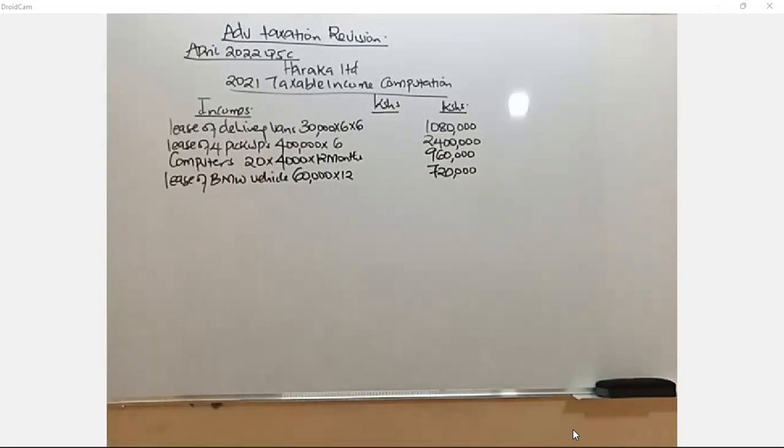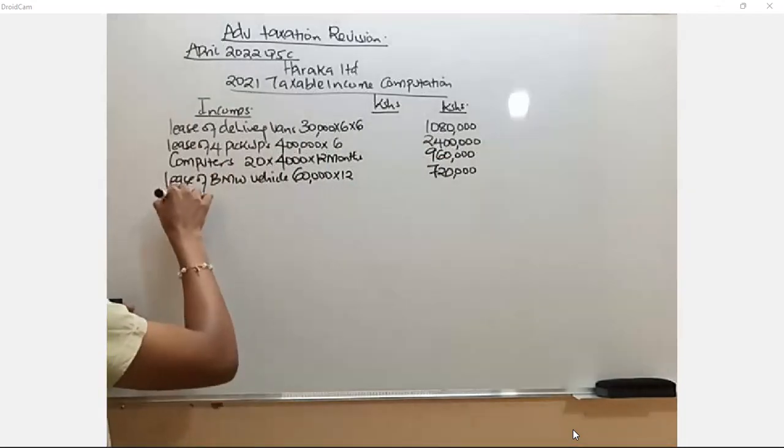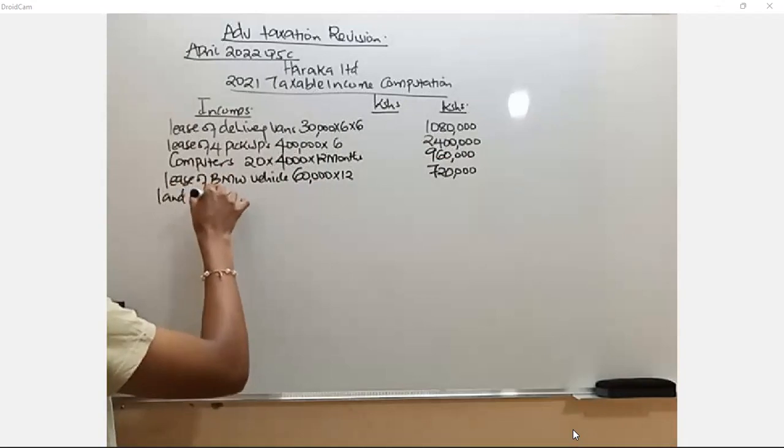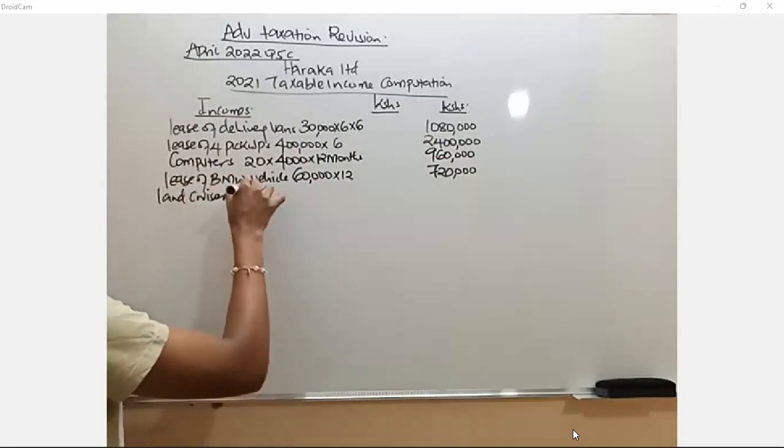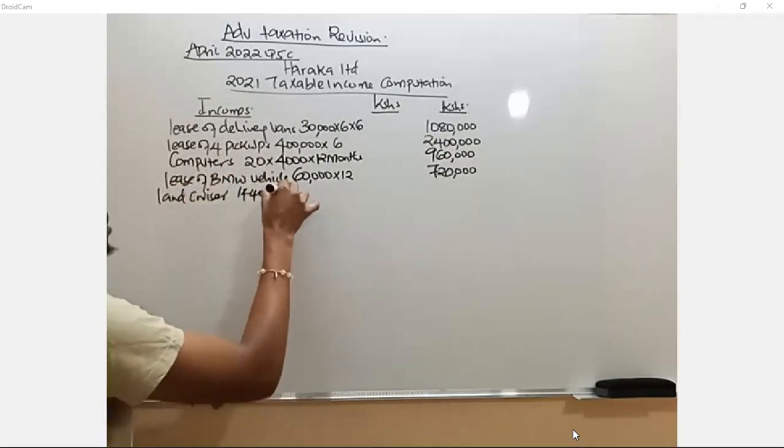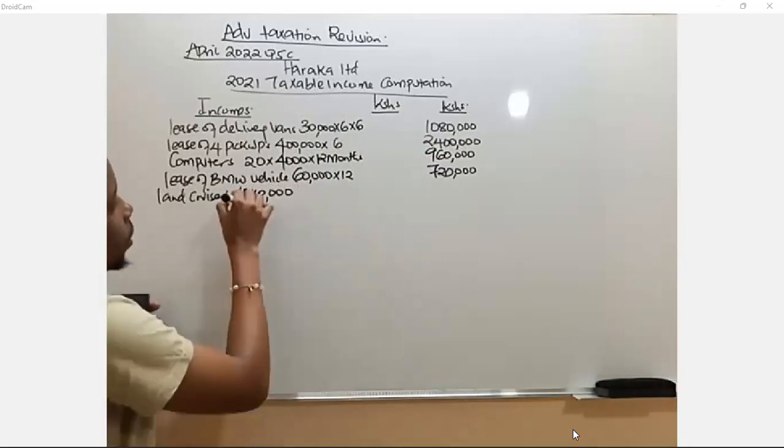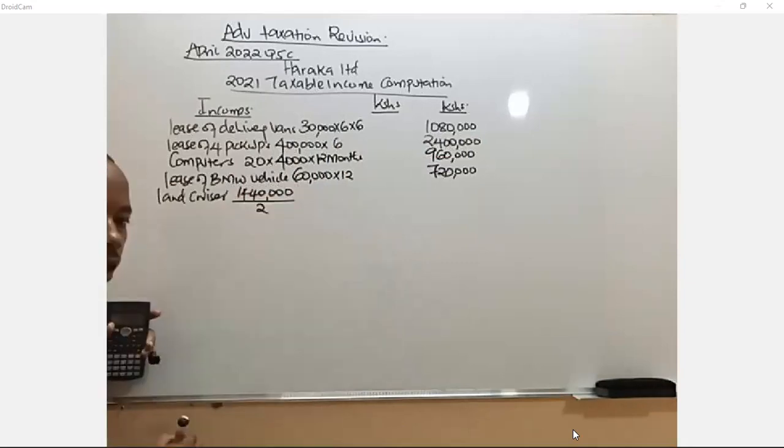So in this case, let's do a simple math. Land Cruiser, for the year, they were 1440,000, right? One of the leases was cancelled after 6 months.